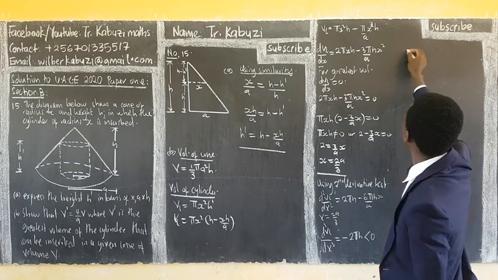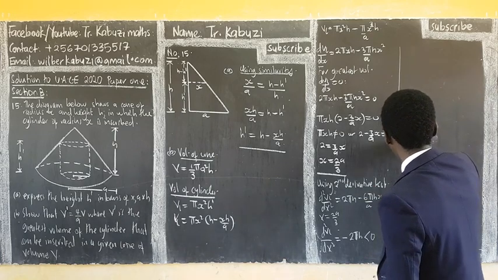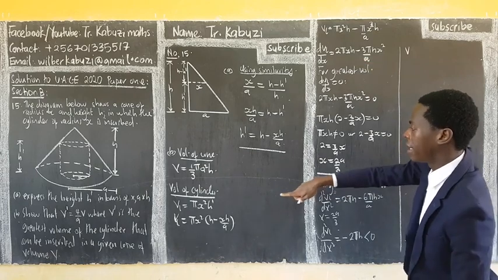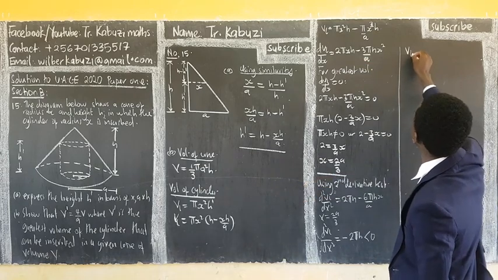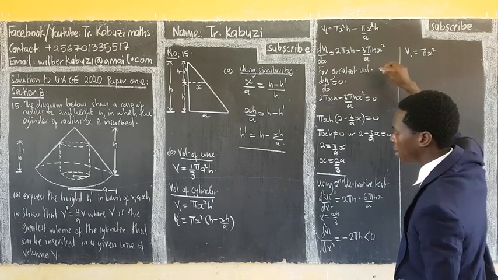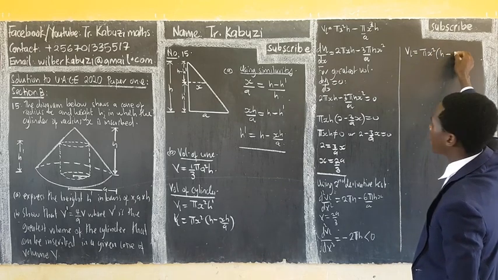But remember, from here, my volume of the cylinder we are talking about was given by pi x squared h minus pi x cubed h over a.